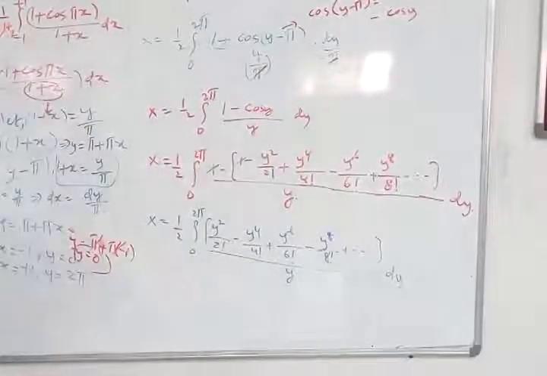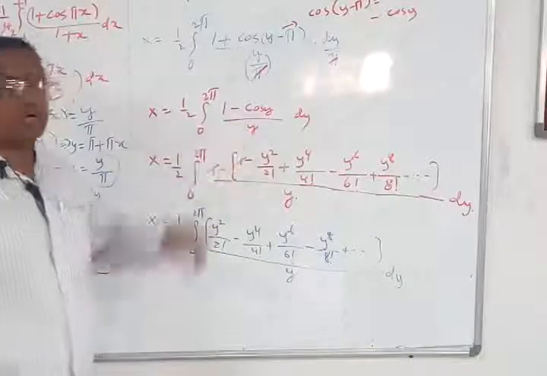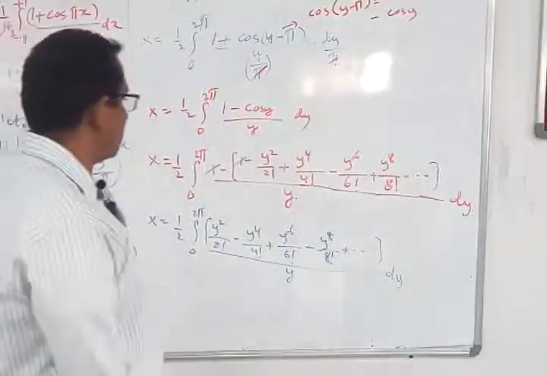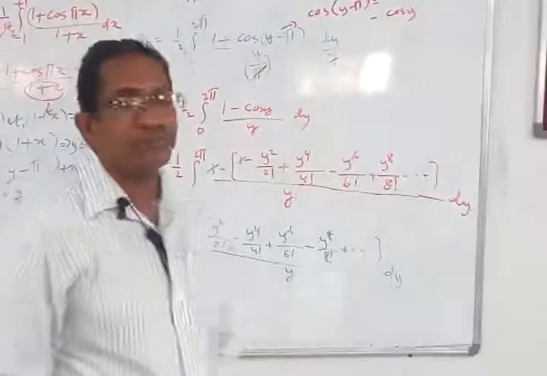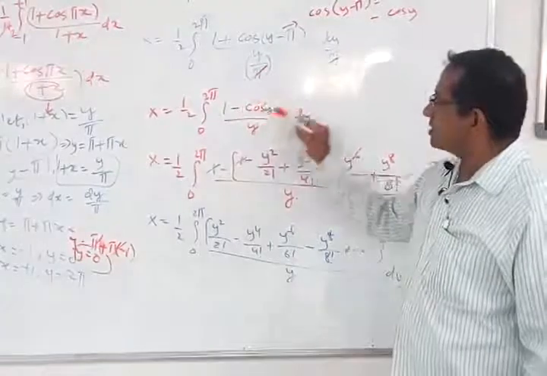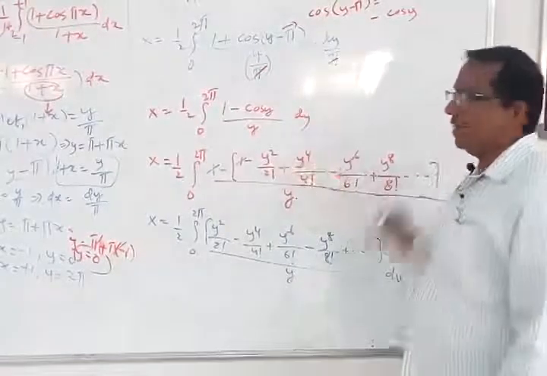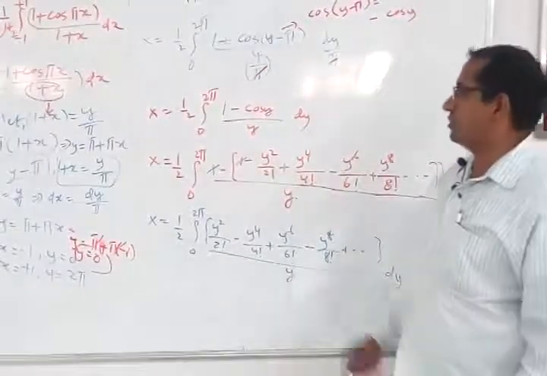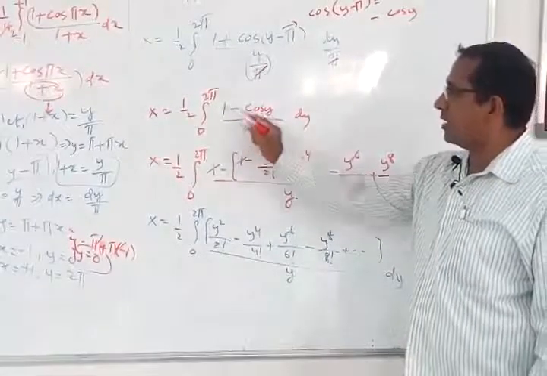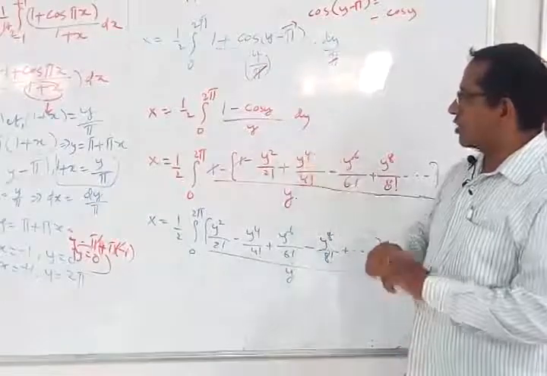Now since I got all the variables with respect to y, we know that cos function is an even function. Since cos is an even function, we expand this cos in terms of a series expansion for an even function. So this is 1 minus of cos y.